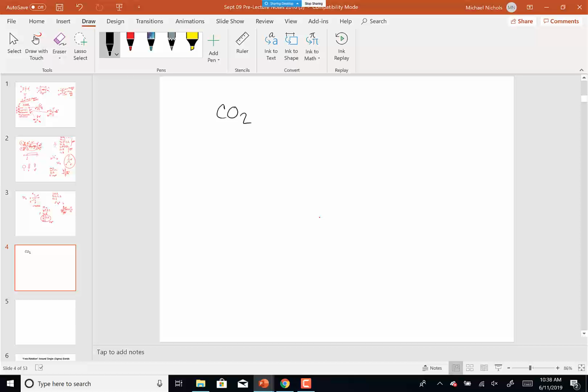So what do you have to do? First step is draw its Lewis-Dot structure. And how is this bonded? Oxygen, carbon, oxygen. As I said yesterday, I always have to do the skeleton.